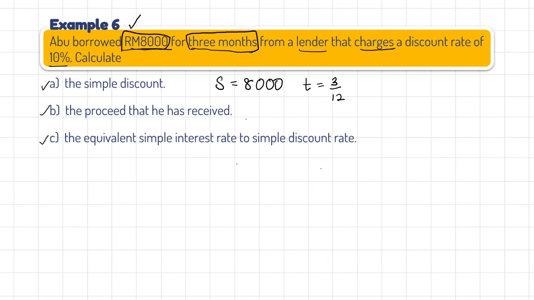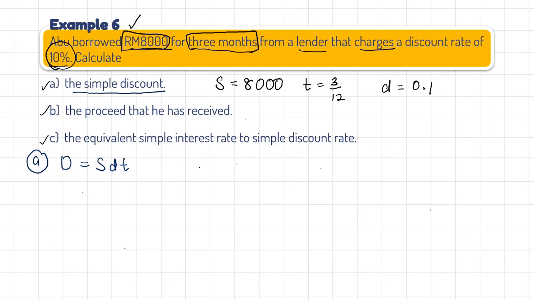Next information is discount rate of 10%. Here we have our small letter d. D equals 0.1. Let's start with question number 1, where we need to find the simple discount. Simple discount is referring to capital letter D. The formula is capital letter D equals S times d times t.